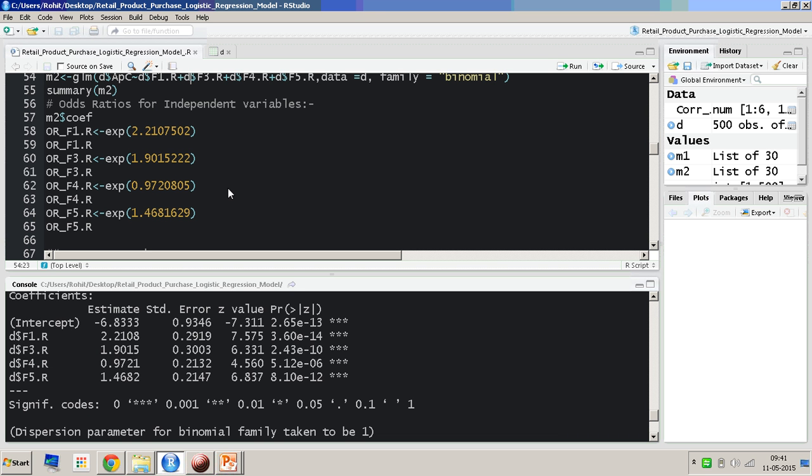So let's forget for a minute that we have any other independent variables within the model, and let's say we only have f1.r.